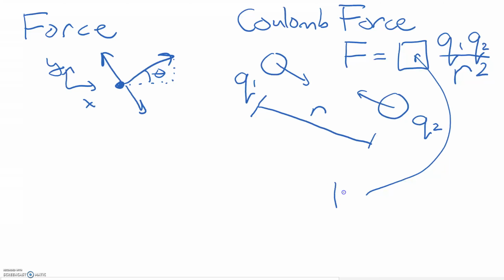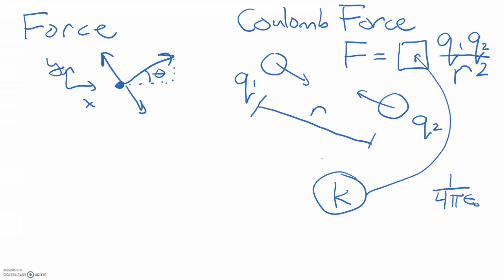Your textbook calls this K. I learned it as something much more complicated, which is 1 over 4 pi epsilon naught. Look, all you need to know is that this is just a number. We're going to use K for now. And since we don't do a lot of numbers in this class, we don't really need to know what that is, but we're going to come back to this. It's a number, and for what a Coulomb is, it's actually a pretty big number.